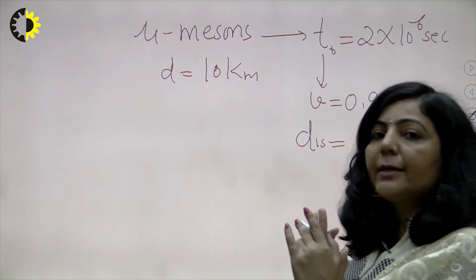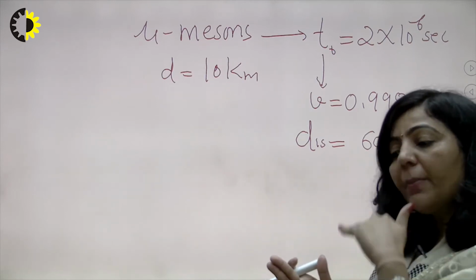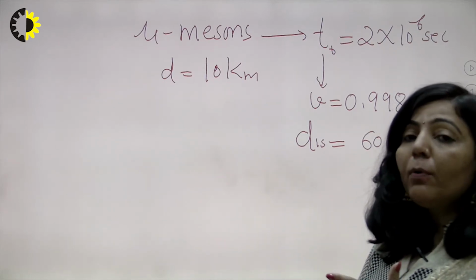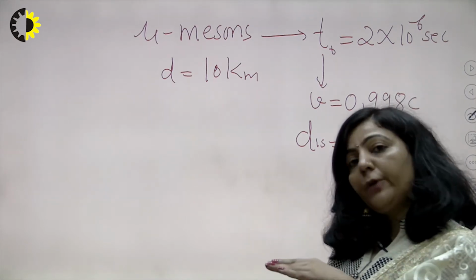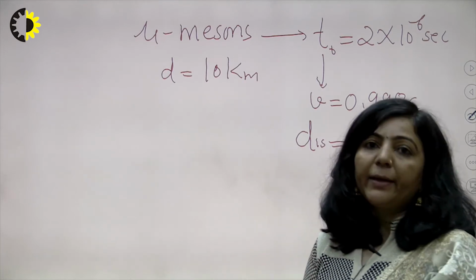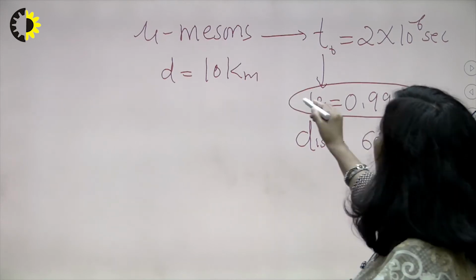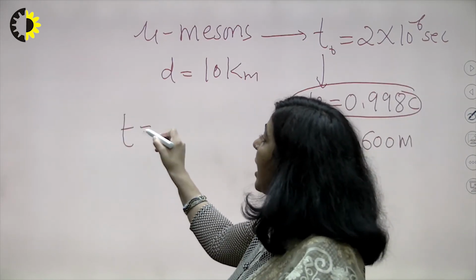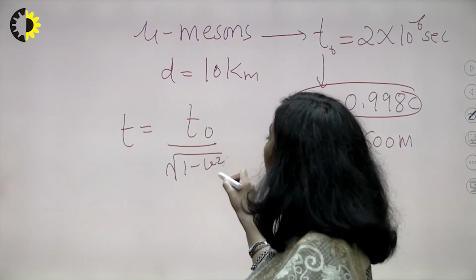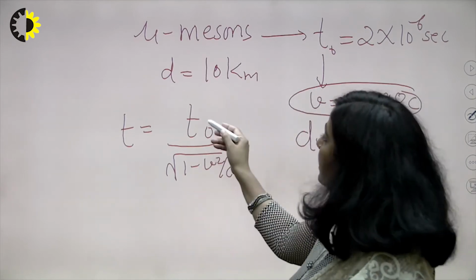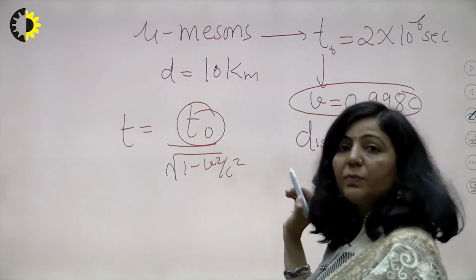Now the question arises that in this small lifetime with this much speed, how can they travel a distance of 10 kilometers? What I have told you is that this presence of mu mesones at the surface of Earth is actually because of time dilation. Since these mu mesones are traveling with relativistic speed, the concept of time dilation is applicable for these particles. So T will be equal to T naught upon under root 1 minus V square upon C square. It means instead of 2 microseconds, the lifetime is 2 microsecond upon under root 1 minus V square upon C square.